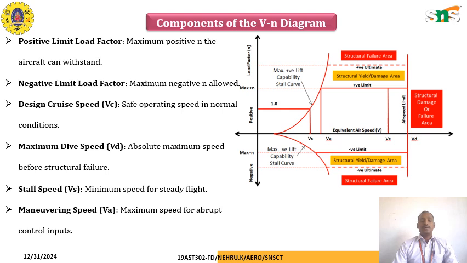The positive limit load factor is the maximum that the aircraft can sustain. A negative load factor allows the aircraft to fly in the inverted condition. The cruise speed is the safe operation speed in normal conditions. VD is the absolute maximum speed before structural failure. Stall speed is the minimum speed for steady level flight. Maneuvering speed is the maximum speed for full control inputs.